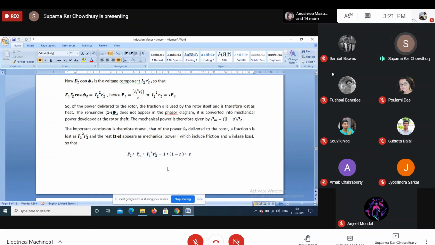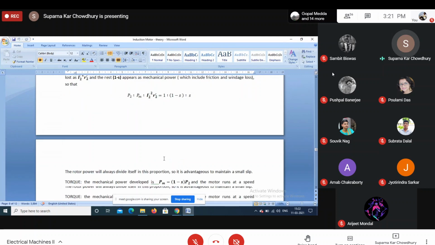This is independent of whatever assumptions we have made. We have made certain assumptions that the mutual flux remains constant, and we have seen that there will be slight variation and some other things. Even so, it is independent of that assumption. So this relationship is always true.